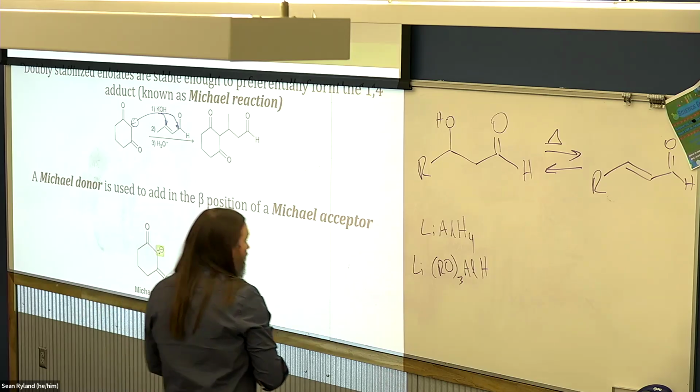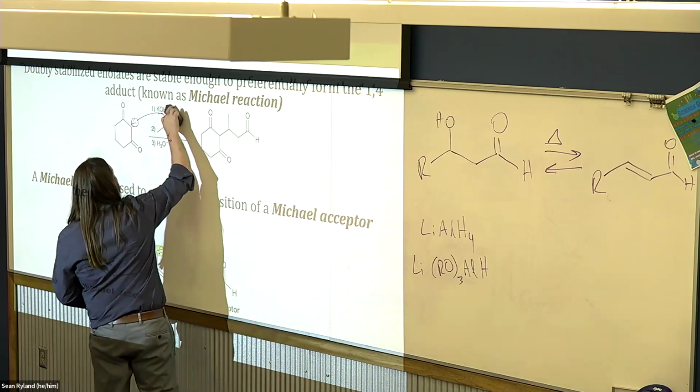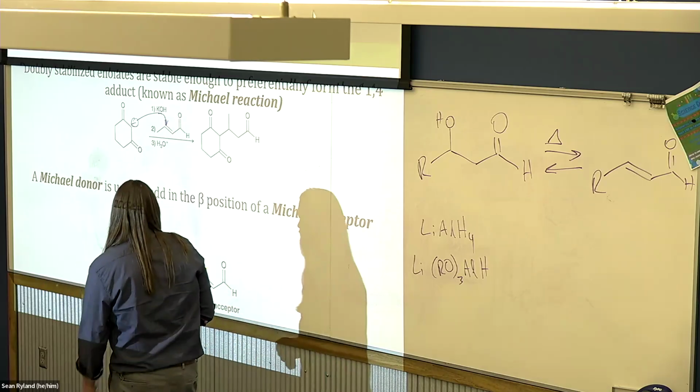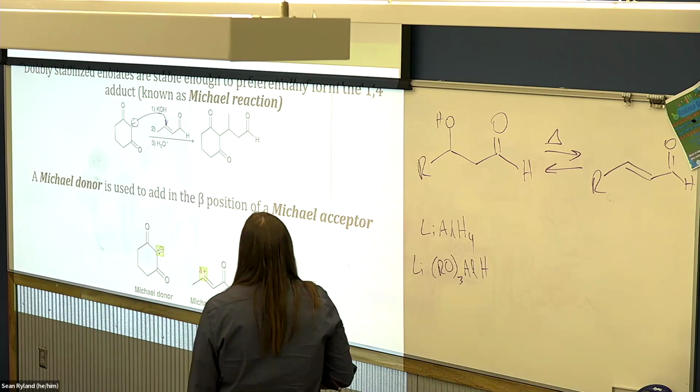But it's not a super reactive nucleophile, so it typically adds in the beta position. And so this is called a Michael reaction.